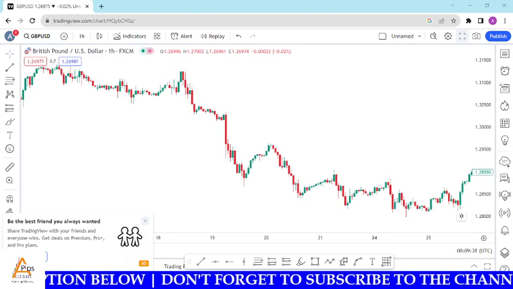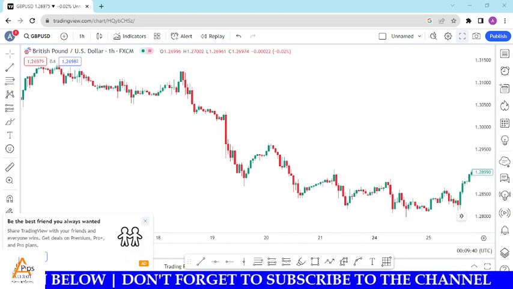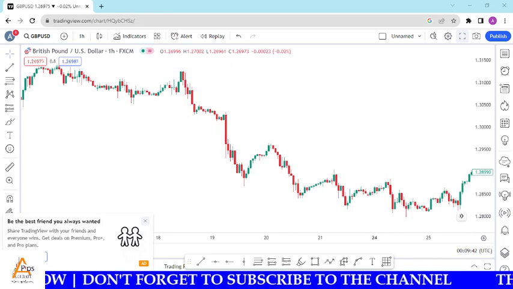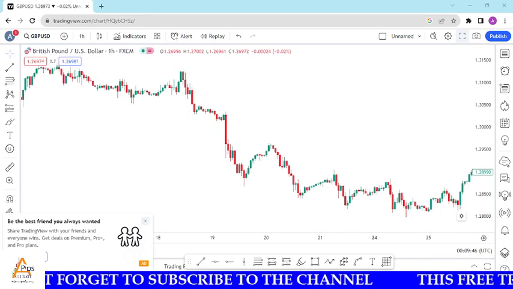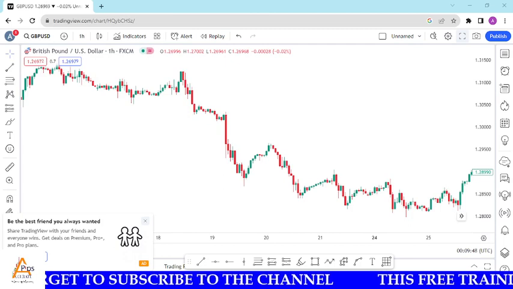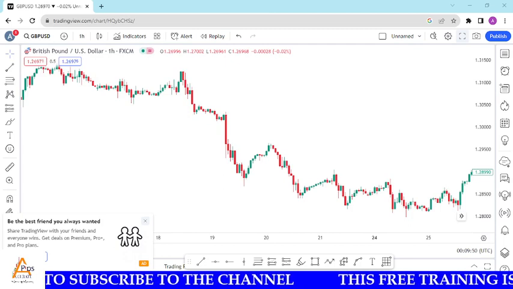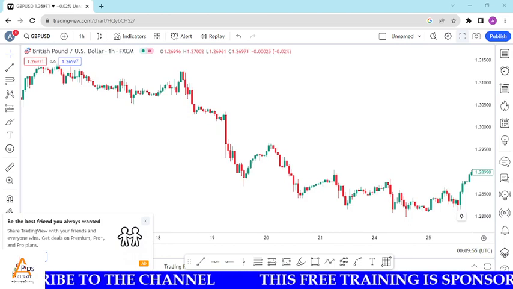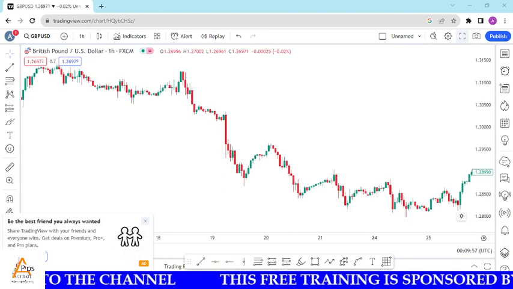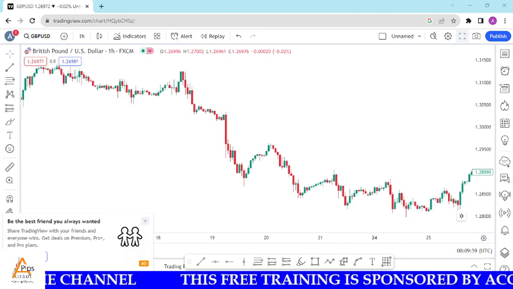So a low is confirmed in a bearish trend when we take out the nearest or the most recent valid pullback in the market, and a high is confirmed in a bullish trend when we take out the most recent valid pullback in the market. Same way we confirm a break of structure.